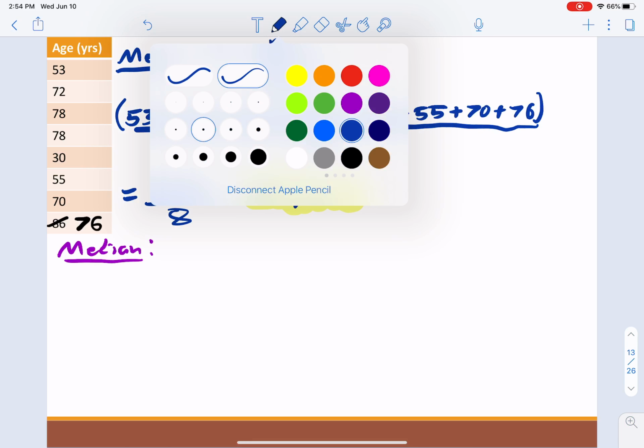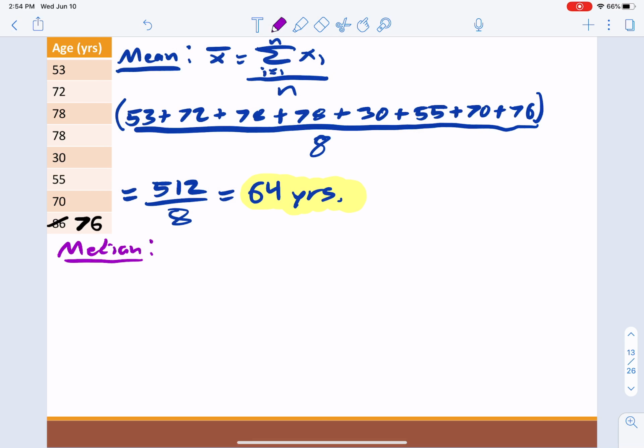Okay. So what we want to do is order all of the values again from smallest to largest. So that is 30, and this is where you really want to make sure that you've got everything entered correctly.